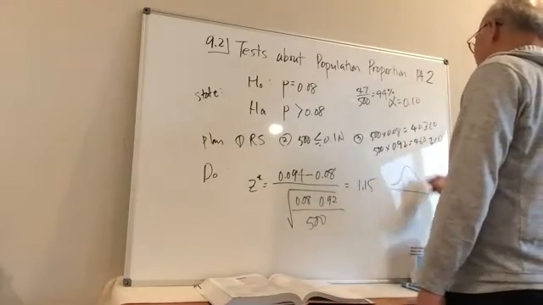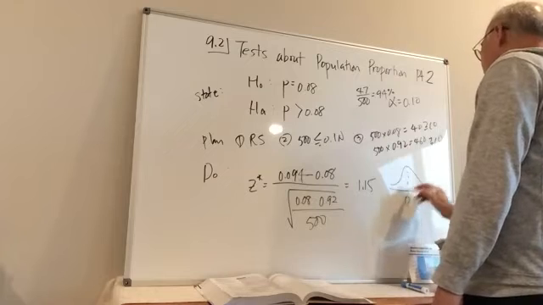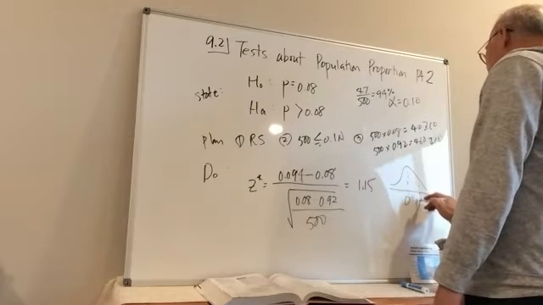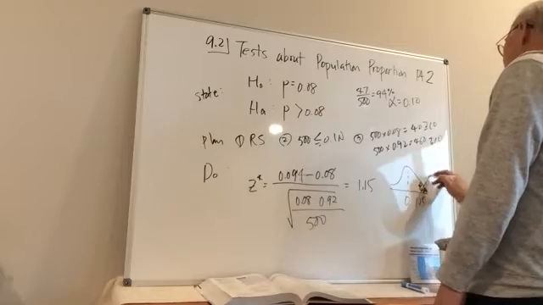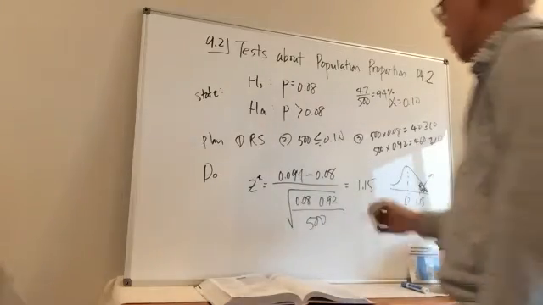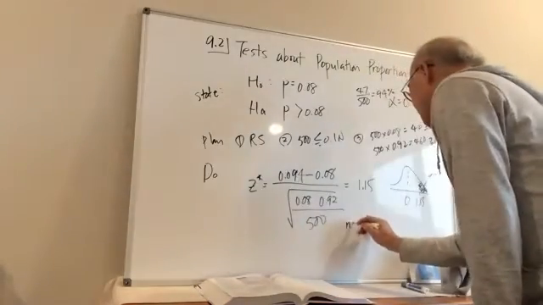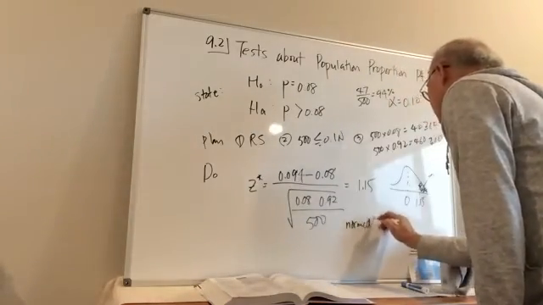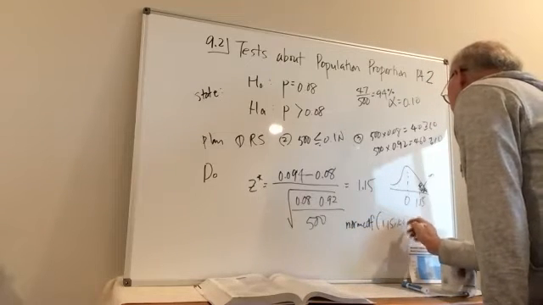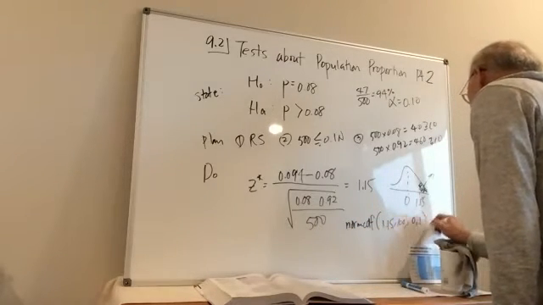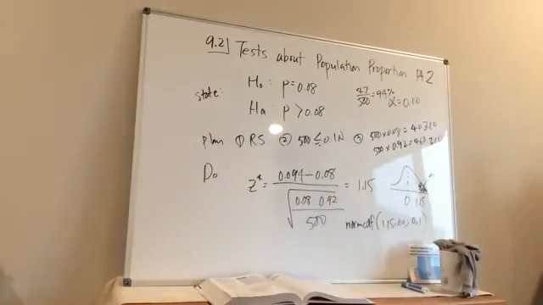So if you look at it, we're looking for this area right here. Okay, so I would do a normalcdf from 1.15 to 1000, 0, 1.